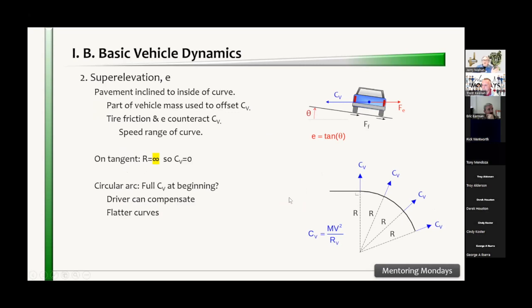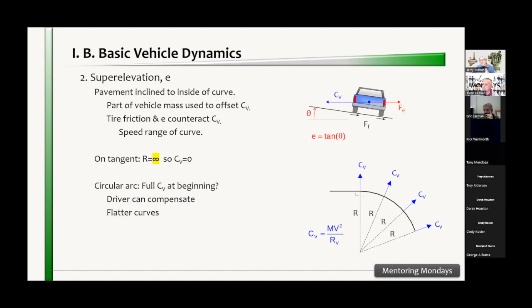And one of the ways that we offset that force acting on a vehicle, to assist the driver in negotiating a curve, is to use superelevation. Everybody knows what superelevation is: we tip the pavement towards the inside of the curve, and we use part of the vehicle's mass to help offset that centrifugal force.